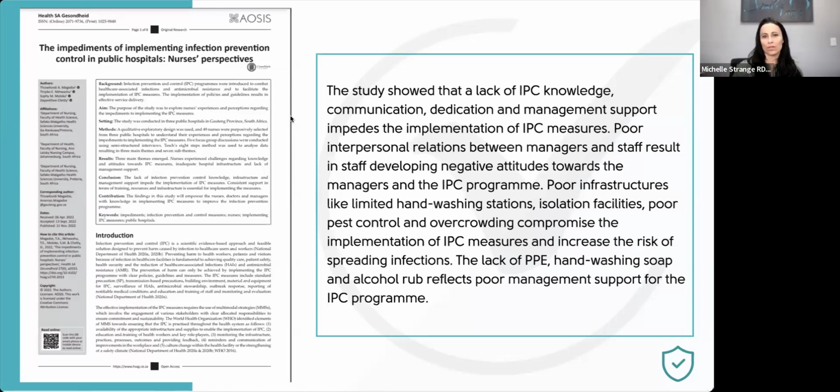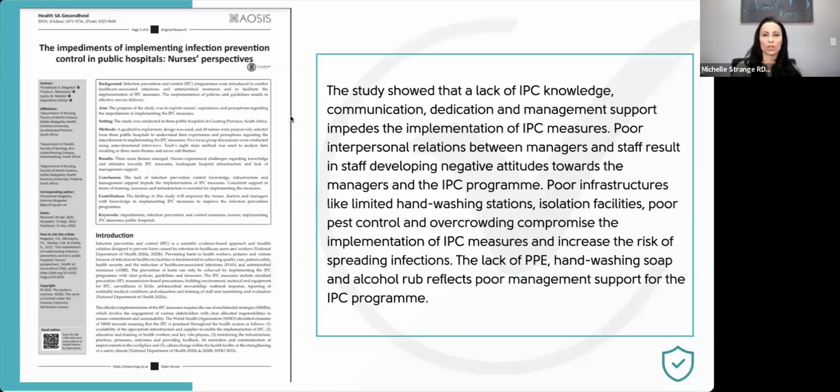And another major issue is the lack of infection prevention knowledge. If team members don't have a strong understanding of why certain steps are required or how to properly perform them, we just can't expect consistent results. And this is where leadership plays a crucial role.